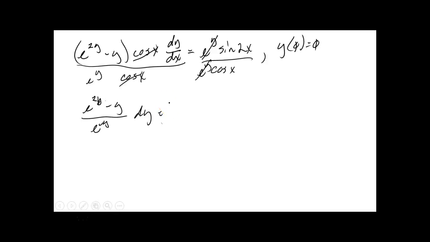Did I copy it wrong? No. The original problem, e to the 2y minus y, and that just brings down here. I don't know where that came from. I think I was just used to saying minus y, e to the y, divided by e to the y. Okay?